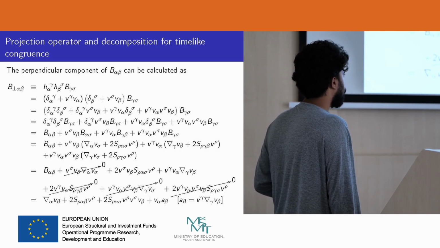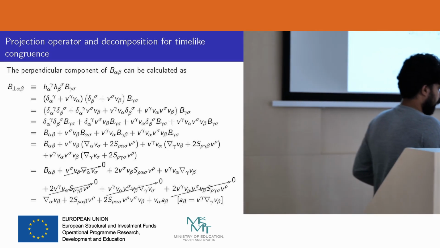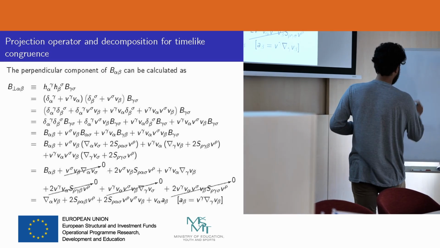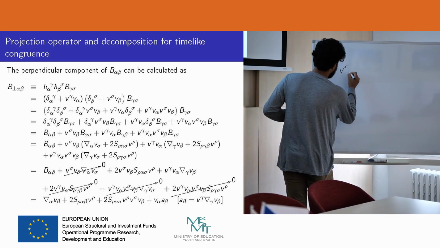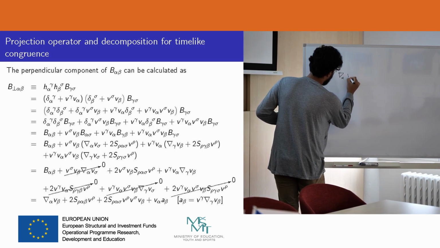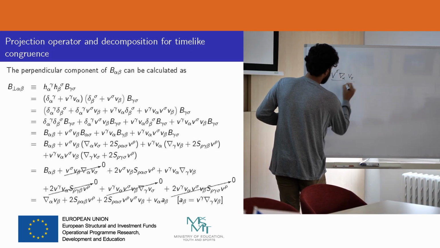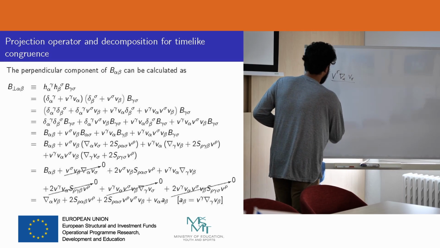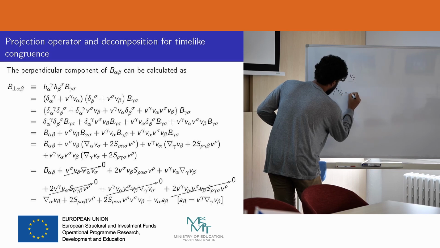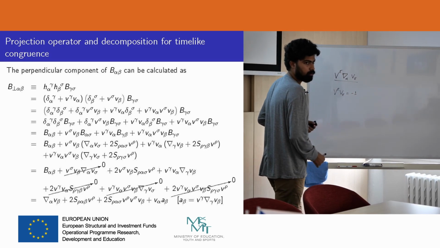It is 0 because, I will use a board for a moment. So V sigma nabla alpha V sigma, this is the expression that we have there. So we know that V sigma V sigma is -1 for time-like congruences.